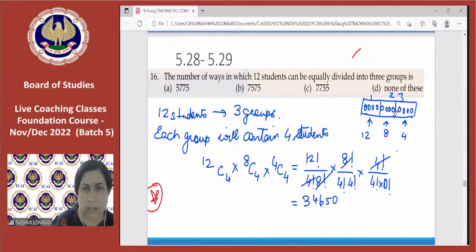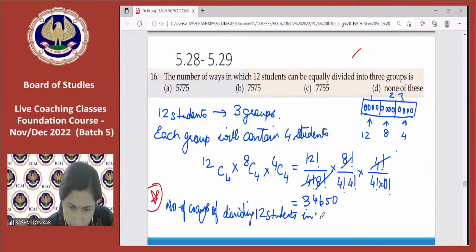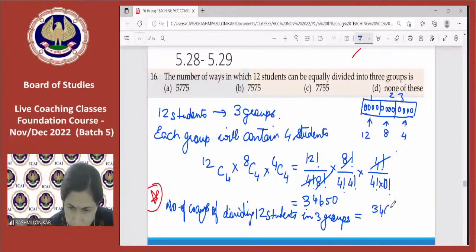So, number of ways of dividing 12 students in 3 groups will be given by 34650 upon 3 factorial.